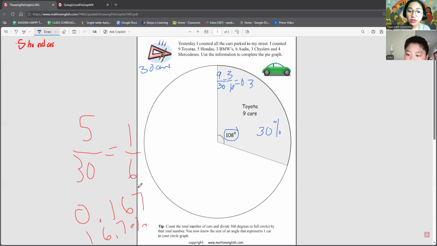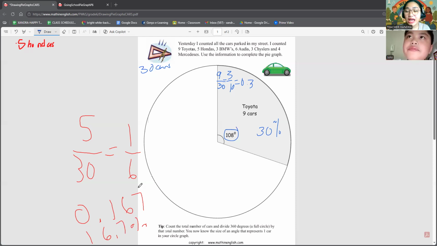So what are you going to do? You times 5/30 to 360 degrees. 5 divided by 30 times 360 degrees to know the angle of the sector when it comes to Hondas, so that we can draw it down here.